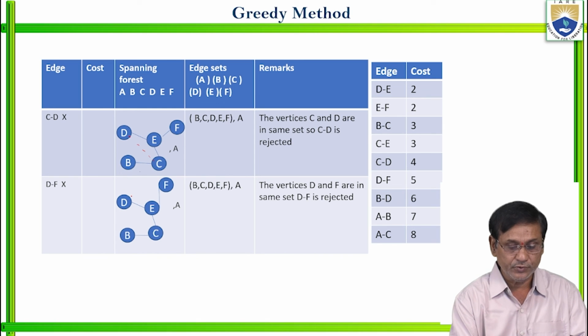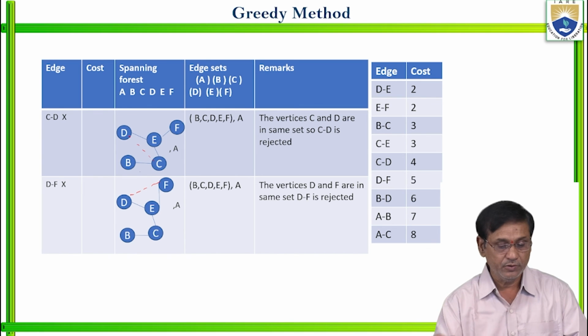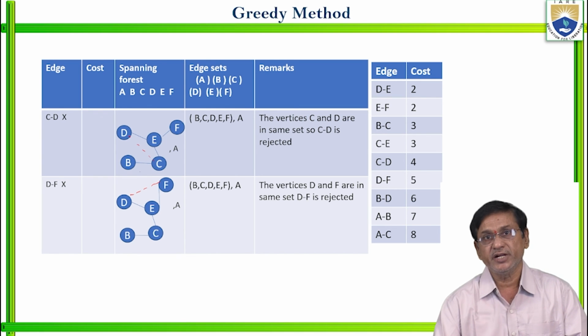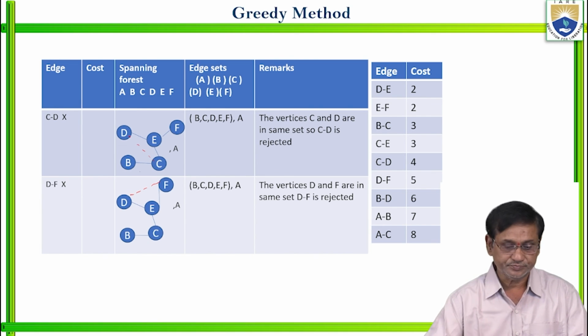If you consider the edge DF, again a cycle is forming. When a cycle is forming, we should not consider the corresponding edge. The vertices D and F are in the same set. So DF is rejected.